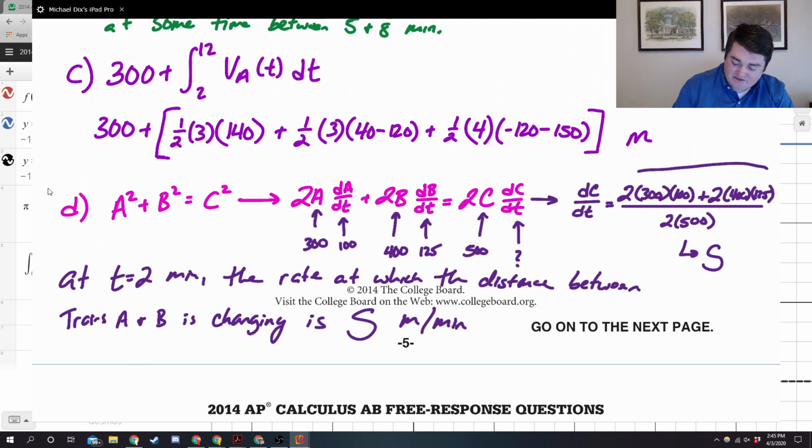Okay, and S, I've just named that quantity right there that I didn't know, which is fine. You're allowed to do that. I also could have just copied that big fraction if I wanted to. Let's see, my notes here say that simplifies to 160 meters per minute.